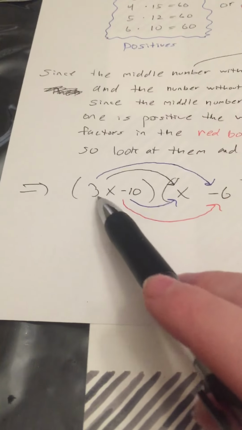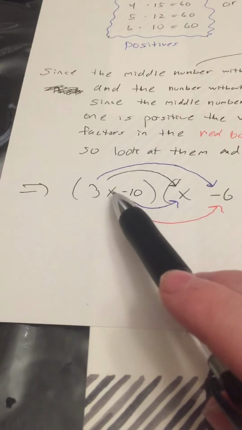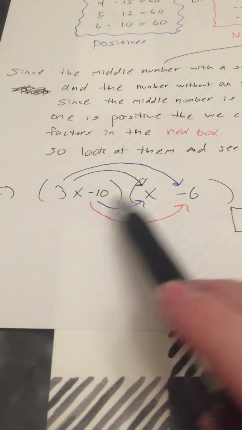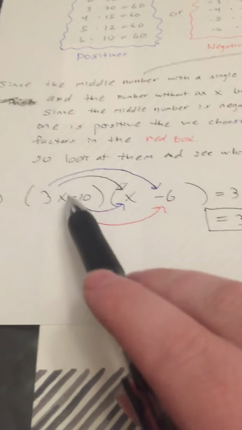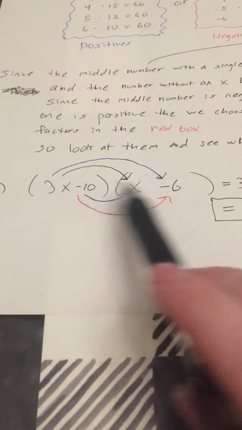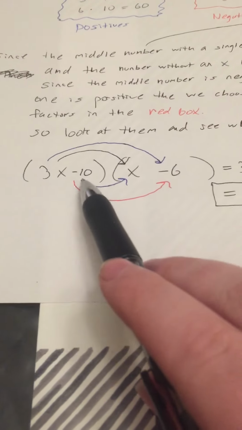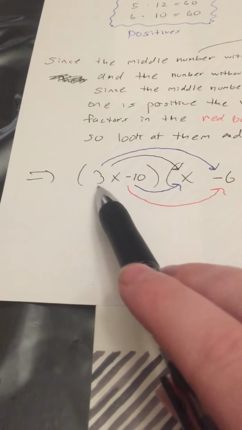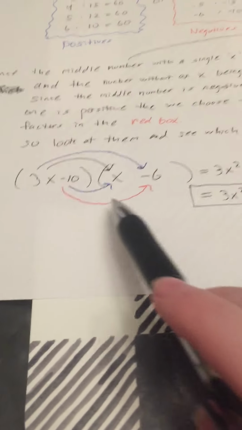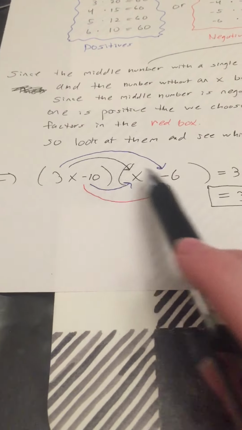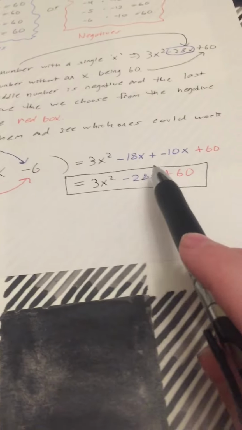If there wasn't a coefficient, if it was just x and x, then the negative 10 could be right here and the negative 6 could be right here. But since we have a coefficient right here, we have to place them properly so that when they come out, it comes out to this. Okay? I hope that helps.